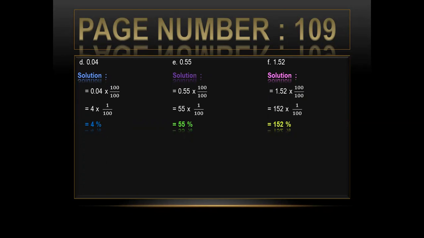The last part of this question and also this lecture is 1.52. Multiply it by 100 over 100. When we multiply 1.52 by 100, its denominator 100 will be changed into percentage.